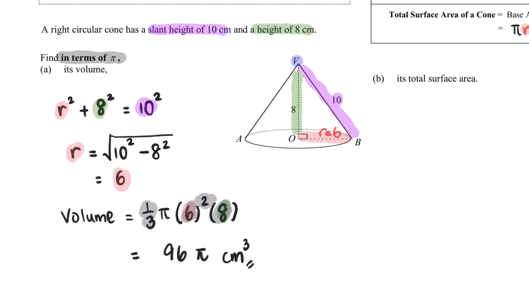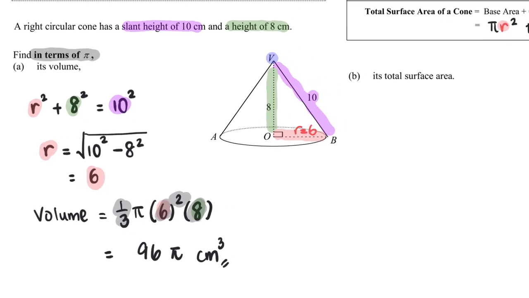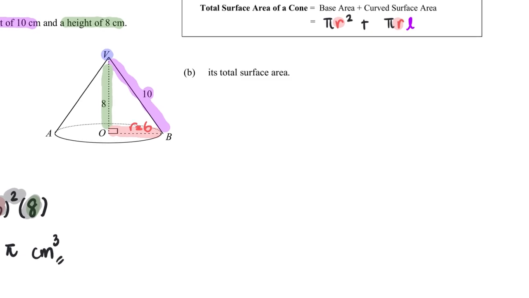As for the total surface area, I would then need my curved surface area. So the total surface area consists of two parts. One is the circle below, which is pi r square, in this case 6 square.